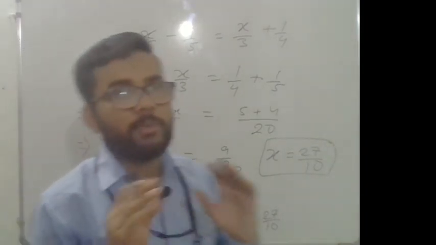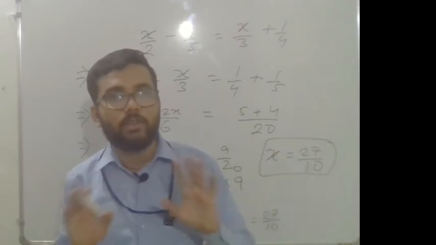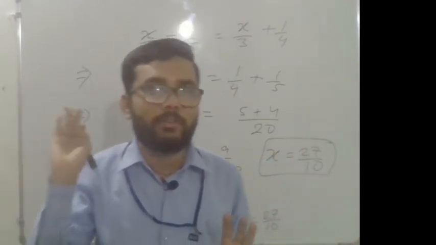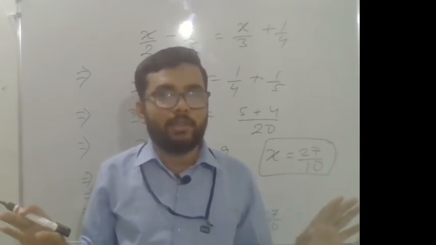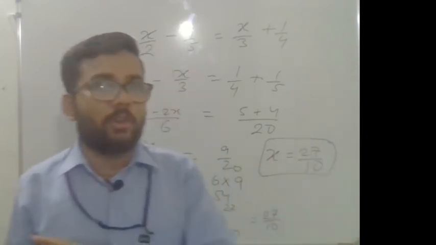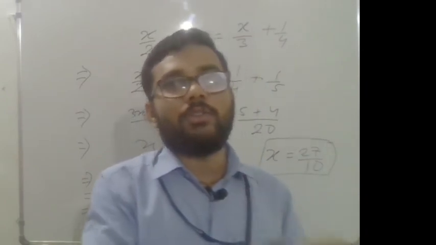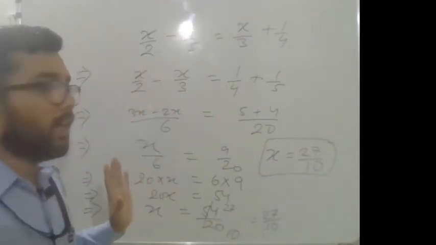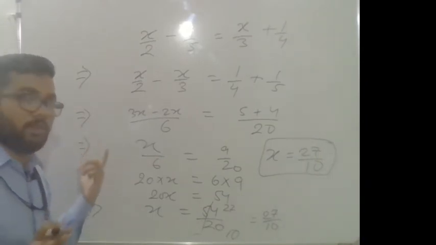The same steps you have to follow in all the questions of all the exercises: 2.1, 2.2, 2.3, 2.4, 2.5. You just transpose all the variables to a single side and all the constants to the other side and solve the questions according to the rule.